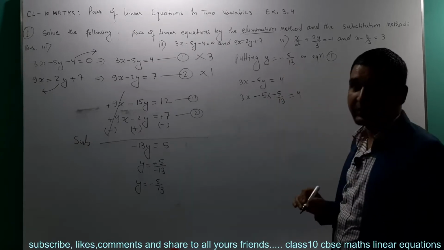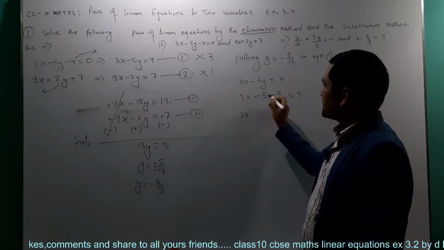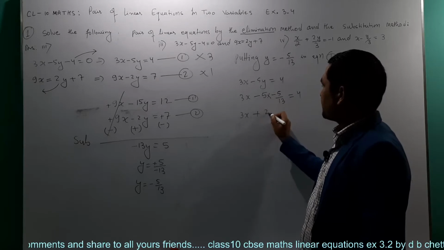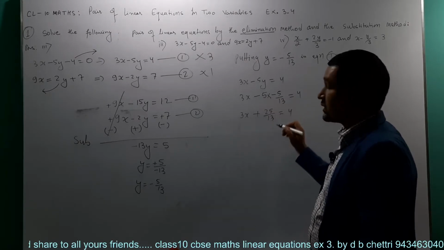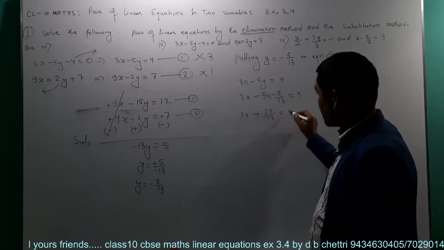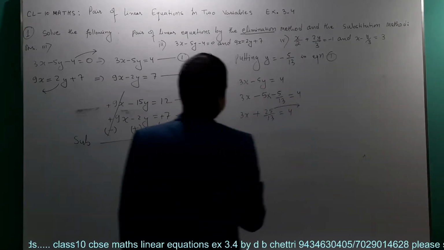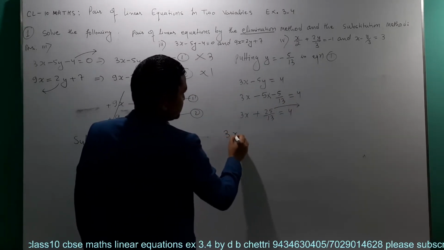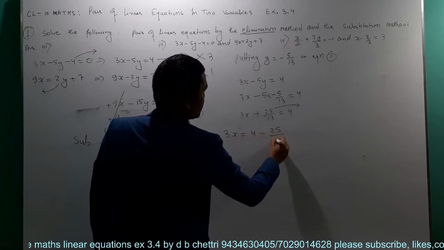Then equals 4. Now this is 3x minus times minus, 5 fives is 25, divided by 13 equals 4. Now together the like terms, that means these two are like terms. Let's take this to the right side. Now 3x equals 4 minus 25 divided by 13.